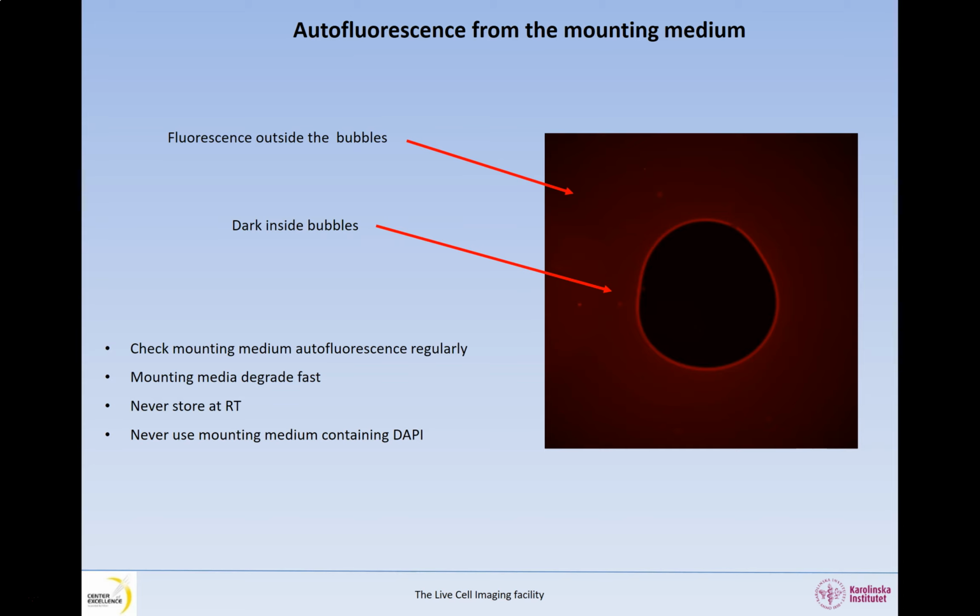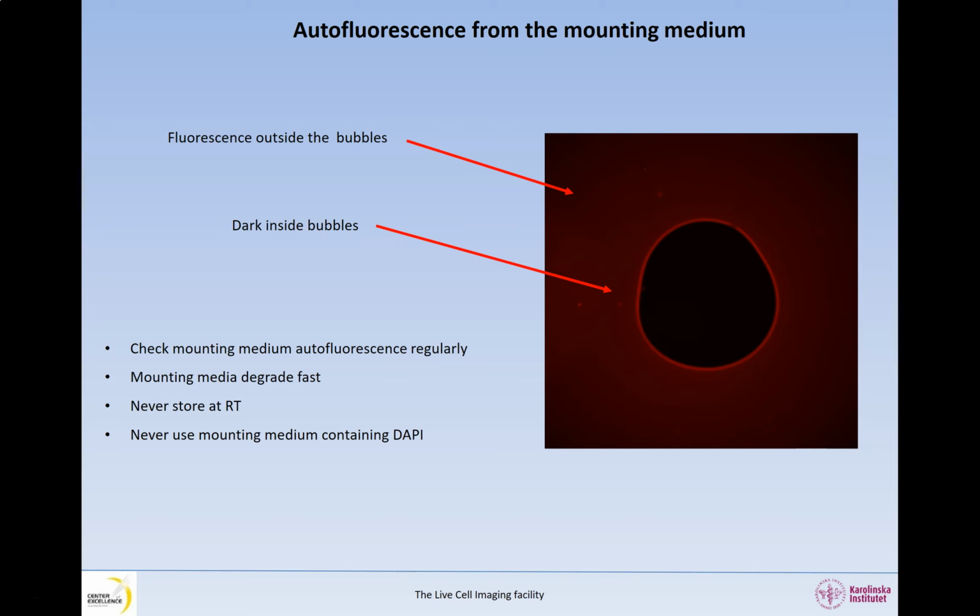Do you think that your mounting medium is not fluorescent? The reality is that you will not notice the problem until you check it. So here is a trick. One quick way to find out if the mounting medium you routinely use is fluorescent or not in your favorite channel is to image a bubble.